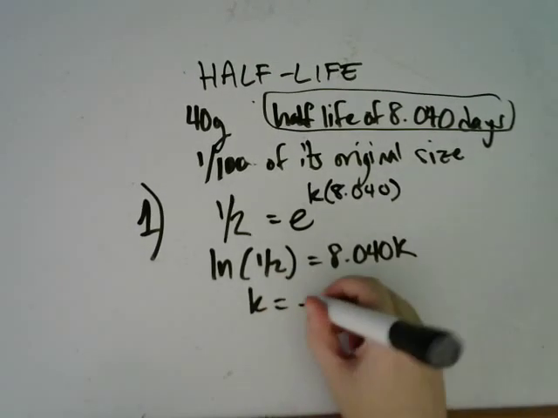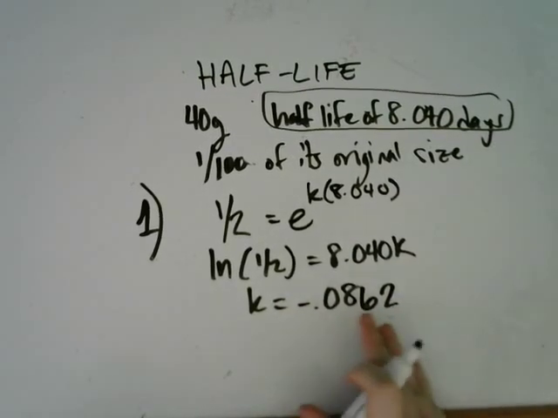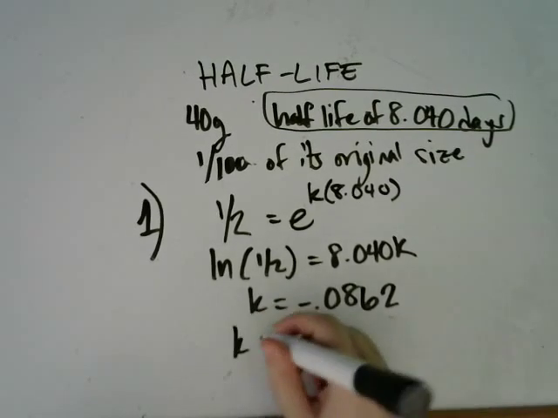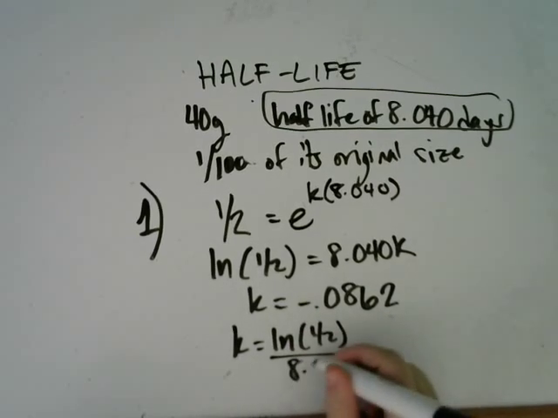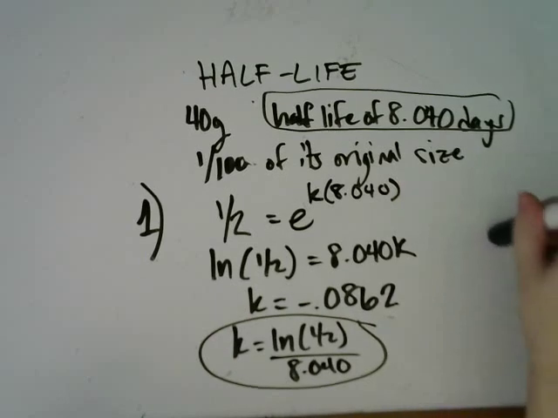The decay rate is negative 0.0862 or 8.62%. When we type this into our formula, we're going to use the exact value, which is ln of 1/2 divided by 8.040. Let's back it up.